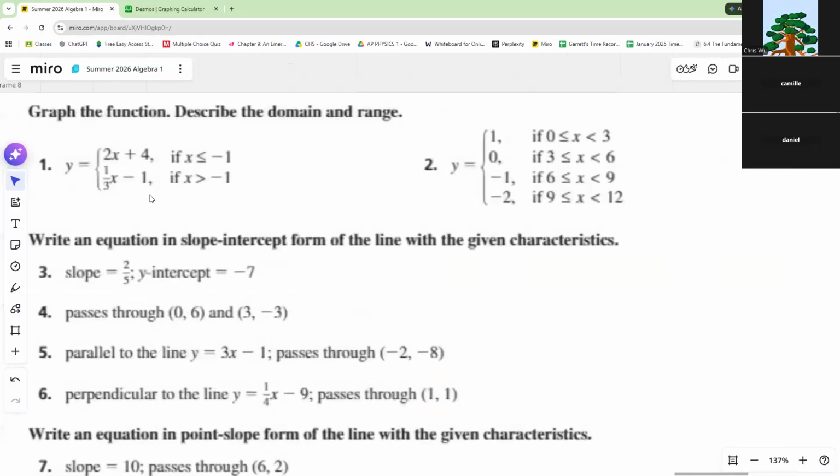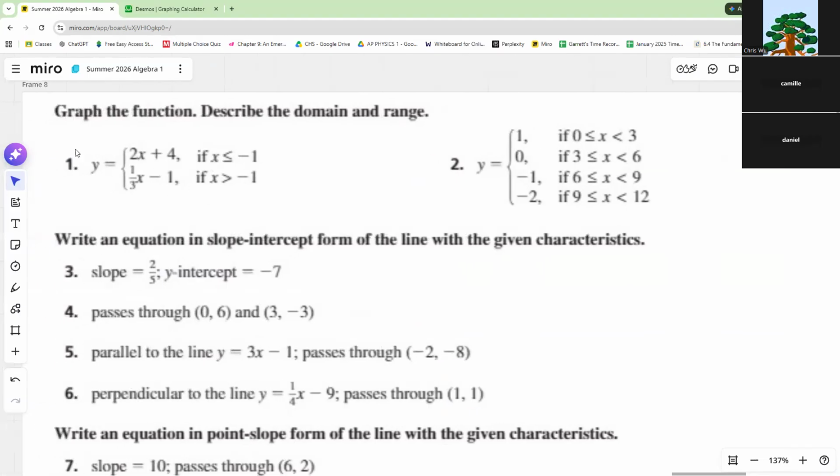All right, let's see here. They say graph the function, describe the domain and range for the first one. So we are asked to graph these piecewise functions. Hopefully you guys still remember how to do that. We're going to skip it because I don't think we really spent too much time on that.